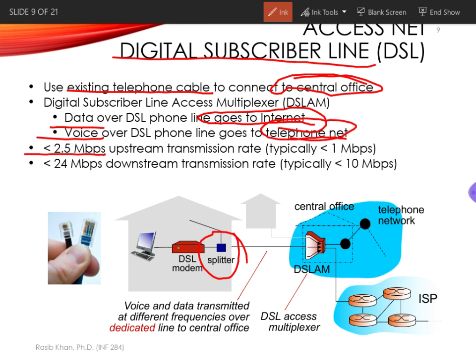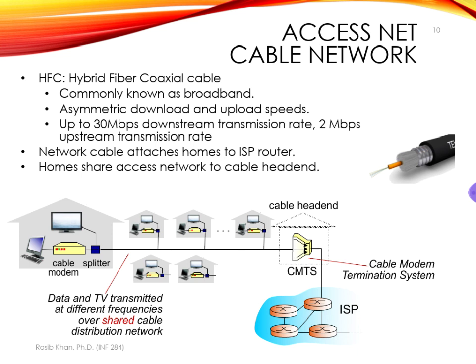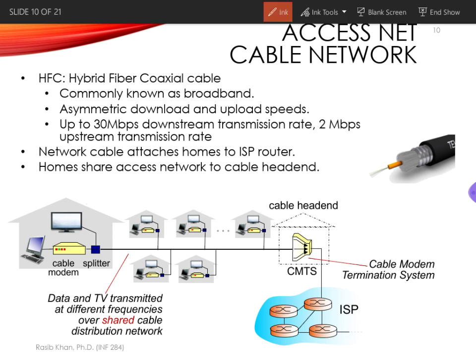Upstream is generally less than 2.5 megabits per second. That is the upload rate, and the downstream is around 24 megabits per second. This is the basic internet connection that we have seen over the years, that allowed users to connect to the larger internet. More on the modern end, the access networks now provide cable services, which are cable networks formed using what we call hybrid fiber coax cable, or HFC.